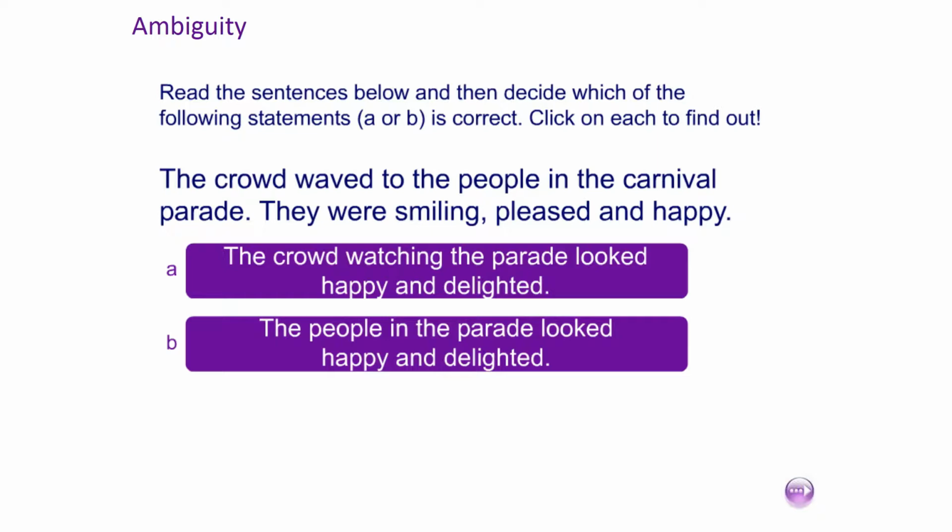Now, this sentence is ambiguous because the reader doesn't know who is smiling, pleased, or happy. Is it the people in the carnival or the crowd? So the crowd watching the parade looked happy and delighted, or the people in the parade looked happy and delighted. Which is it?